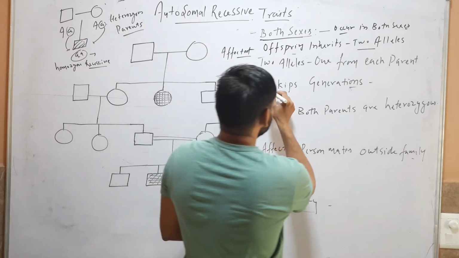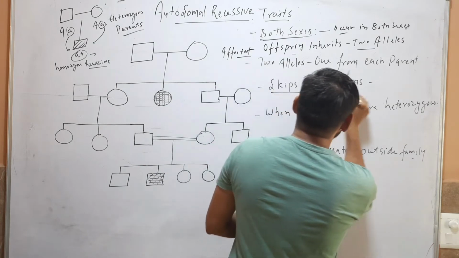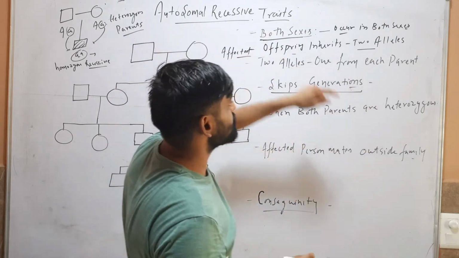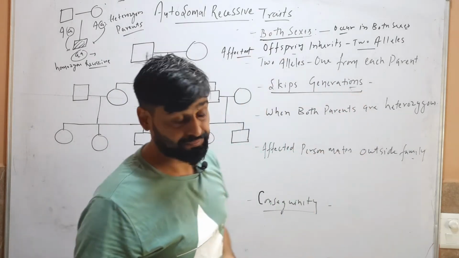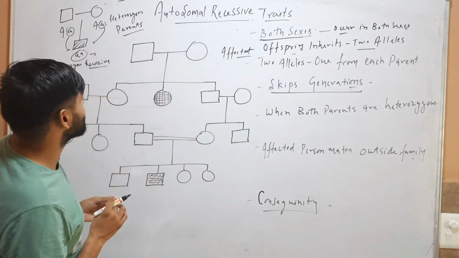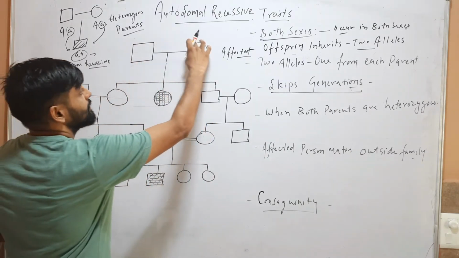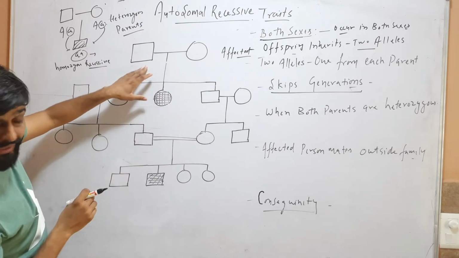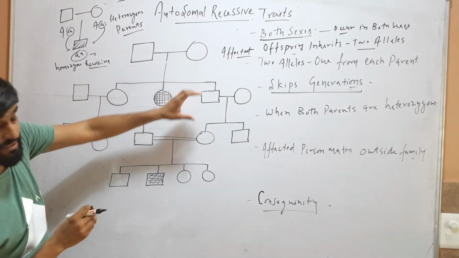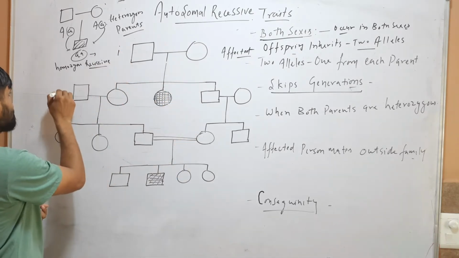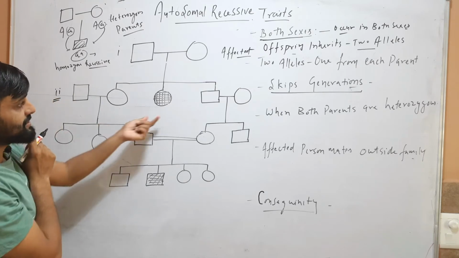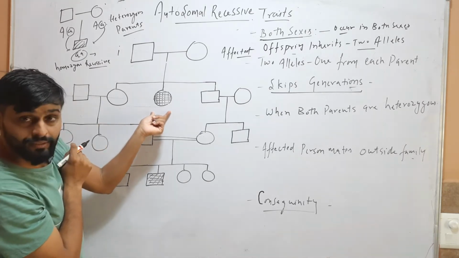Next, these autosomal recessive traits skip generations. Here in that pedigree you can see that the trait is not showing in that generation. This is first generation, this is second generation. Here in second generation you can see that it is appearing.